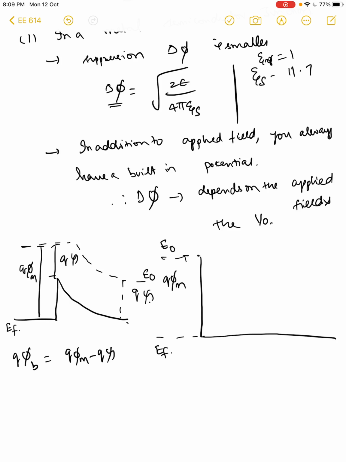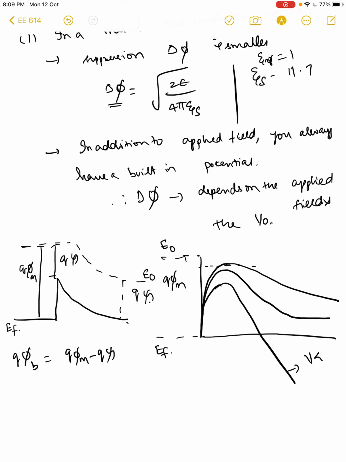So from this the actual barrier, you have what is called as, right. So this is the case when you have V lesser than 0 and you have under reverse bias, and this is the case when you have V equal to 0 when external bias is 0, and this is the case when you have V greater than 0.